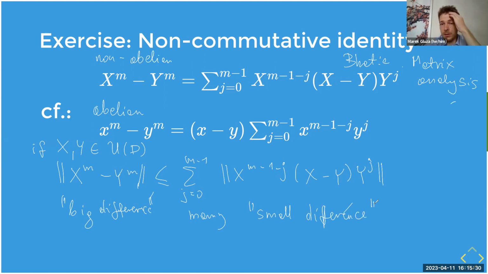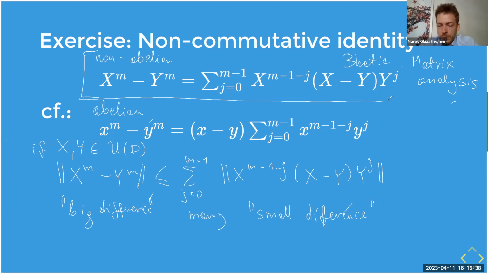That's the situation. There exist those beautiful formulas that allow us to get our foot in the door. If we take this formula, we get this, and next we use that those x, y operators are assumed to be unitary, and our operator norm, which we were using all over the place last time, is unitarily invariant.